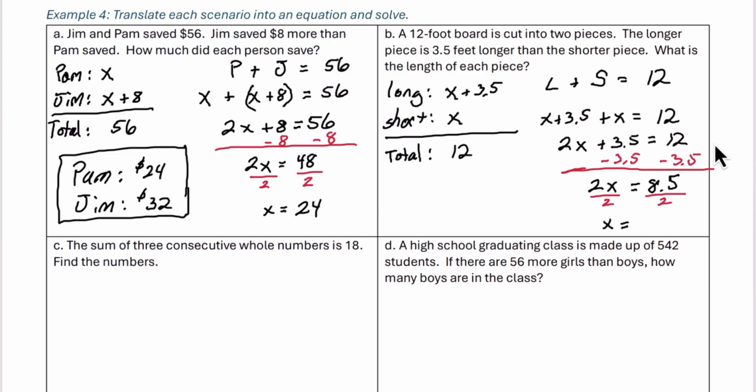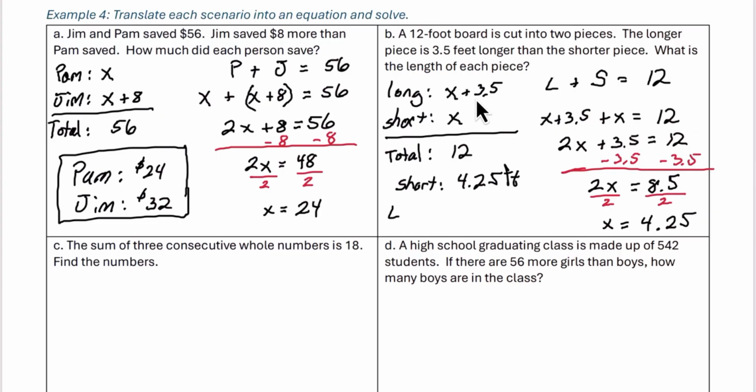X is equal to 4.25. Now recall what we said X is. We said X represents the short piece. So the short piece is 4.25. And the units in this case are feet. The long piece is the short 4.25 plus 3.5.